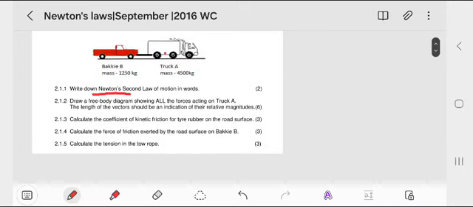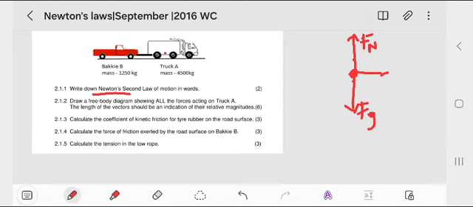We're focusing on truck A, and this is a horizontal surface, so we'll simply have the free body diagram here. We'll have the weight Fg going down, and the normal force going up.